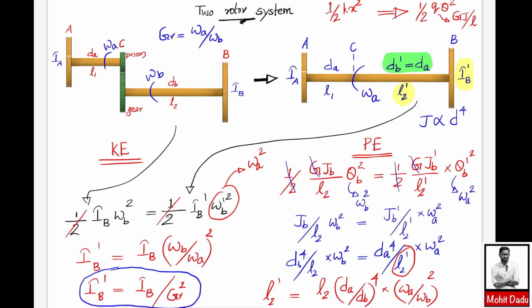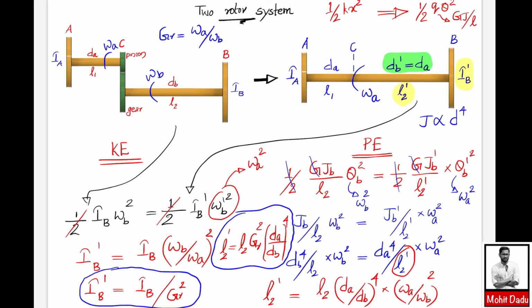Then finally L2 dash is equal to L2 into gr square into d_A divided by d_B the whole raised to 4. So this is the change in length from L2 to L2 dash.